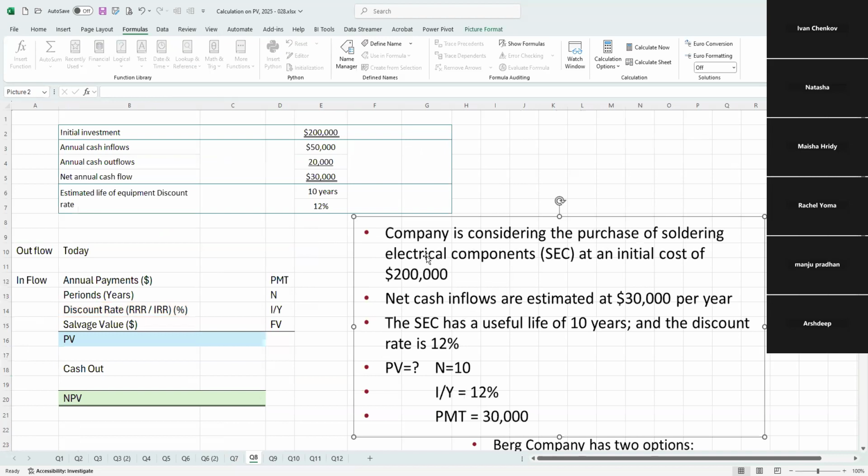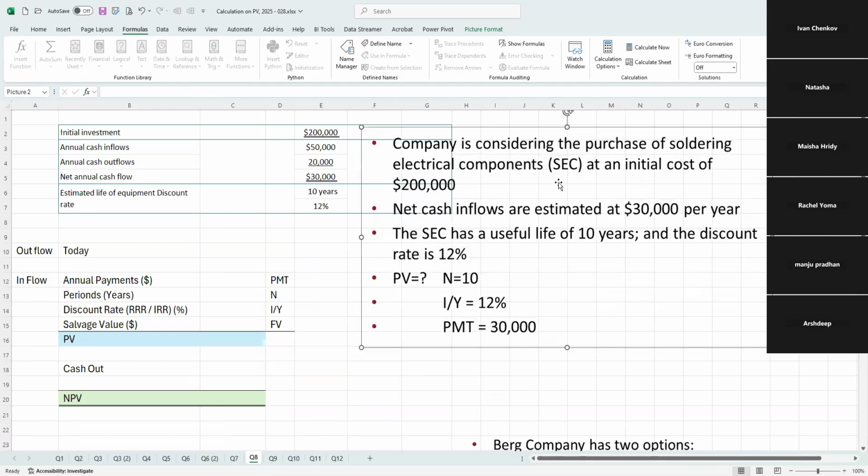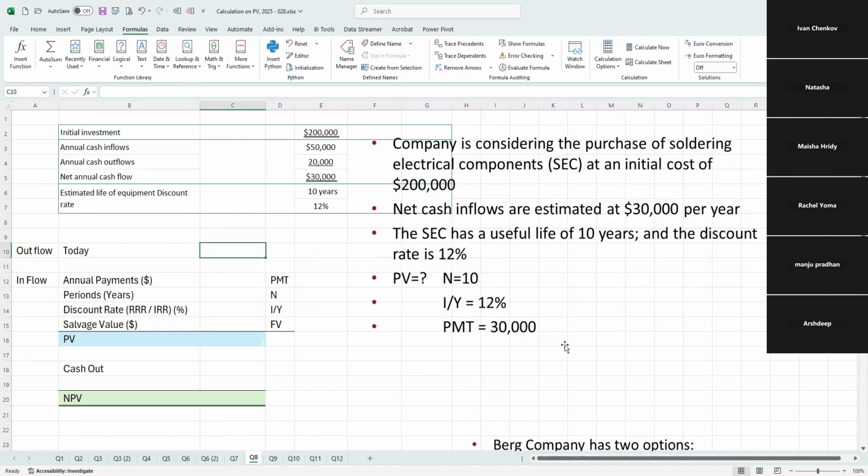So this company is considering the following. How much is the initial cost? 200,000, which becomes our outlay. That will be equal to negative that one.